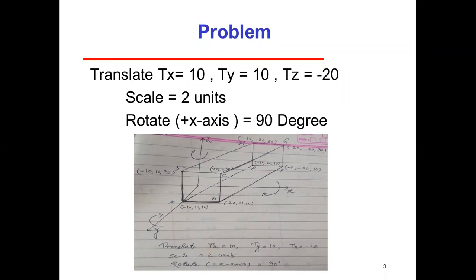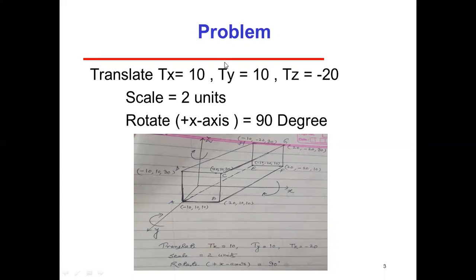So in the problem it will be mentioned always about the rotation about x-axis or y-axis or z-axis. So here in the problem it is given already, rotate about plus x-axis, and this is equal to 90 degree. It means theta is equal to 90 degree.